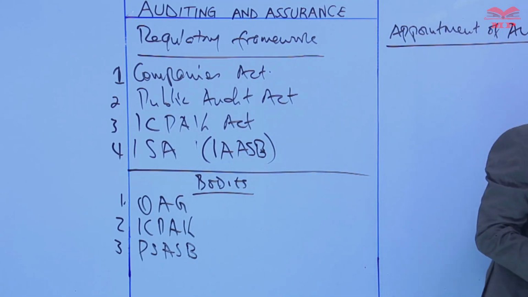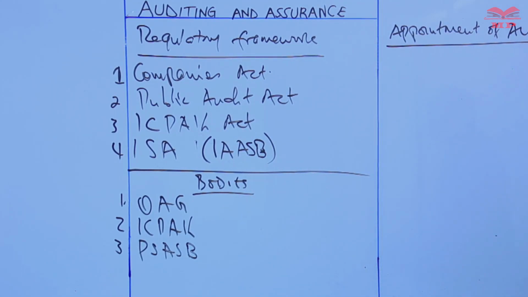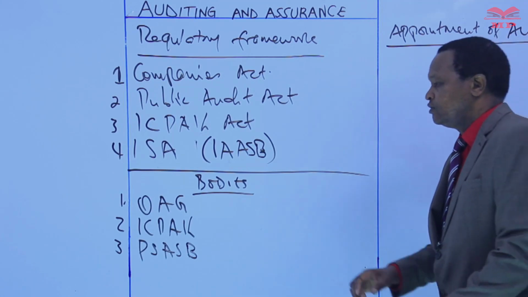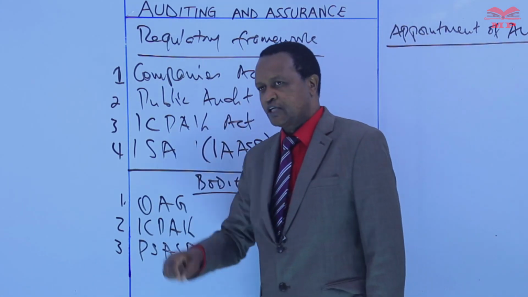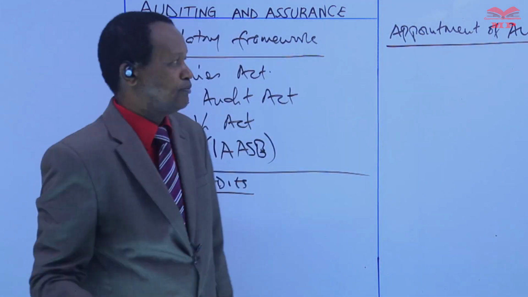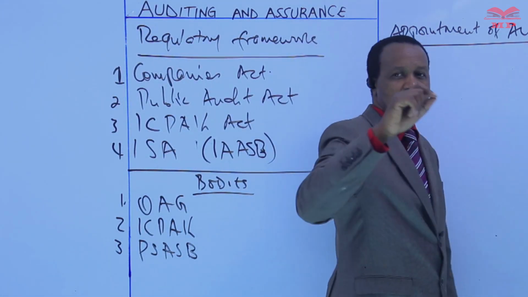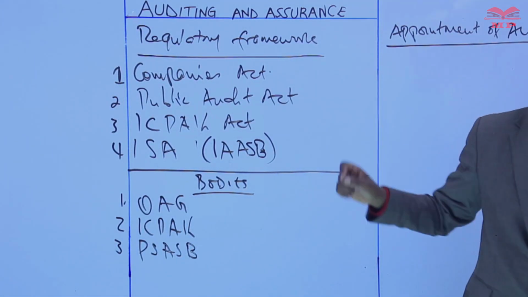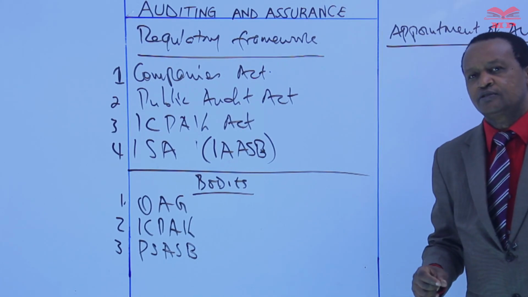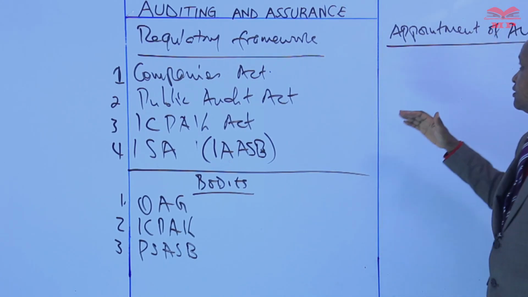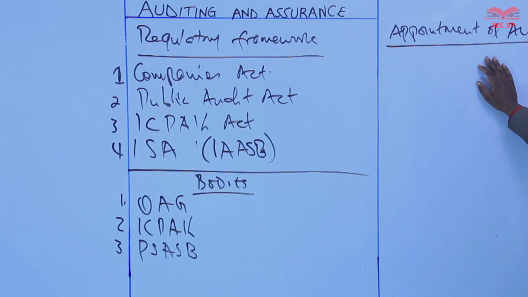We all know, candidates, that auditors for public companies are appointed by the shareholders. And the audit of public operations must be done by external auditors.